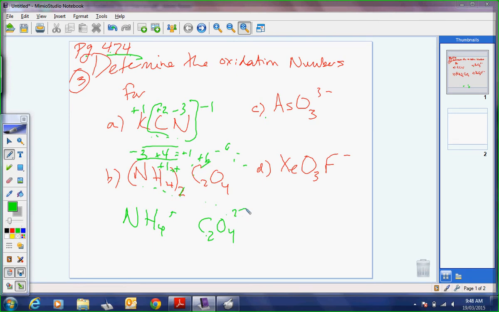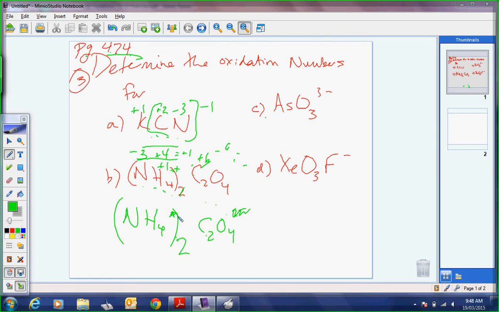When I put these two together in Science 10, which would be a very tricky question, I would need two of these to balance out this -2 charge, and that becomes my compound. So it's working that backwards.